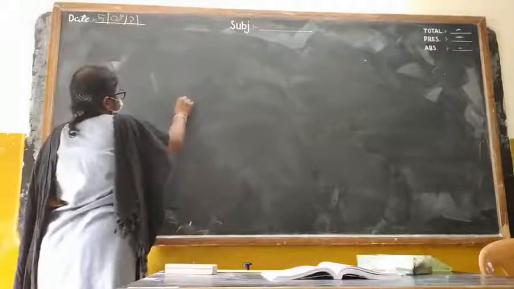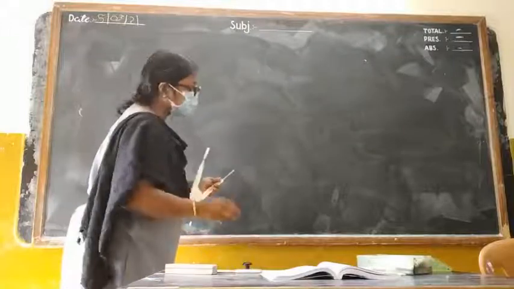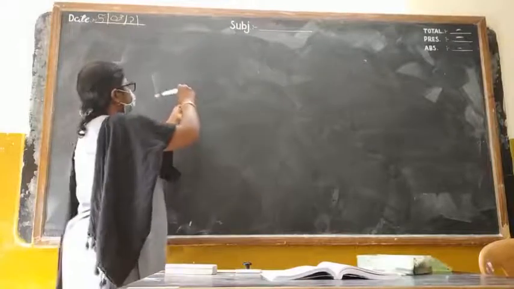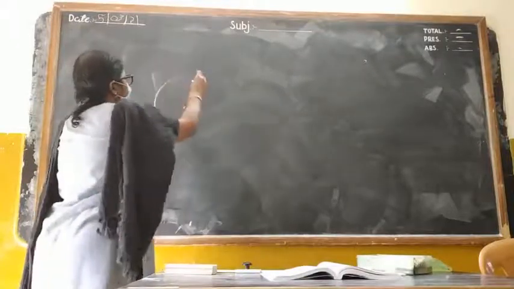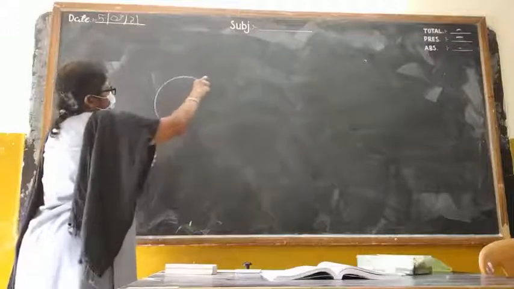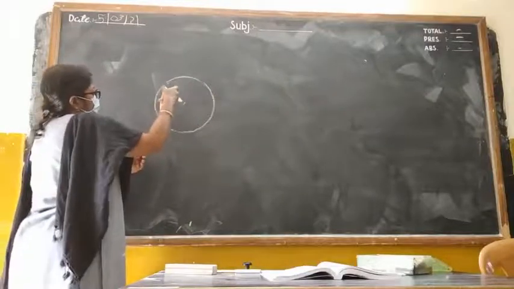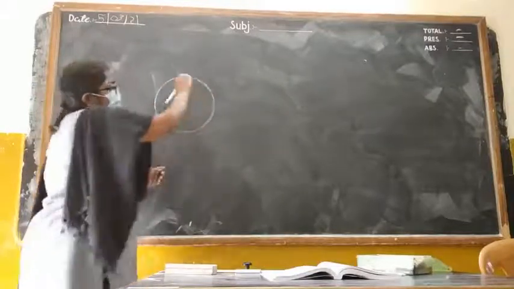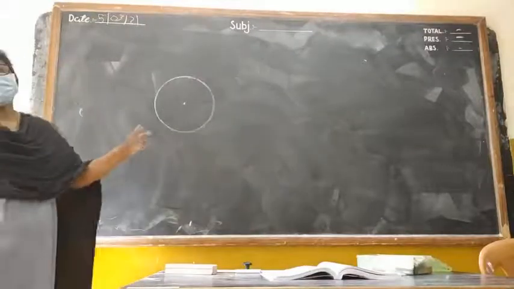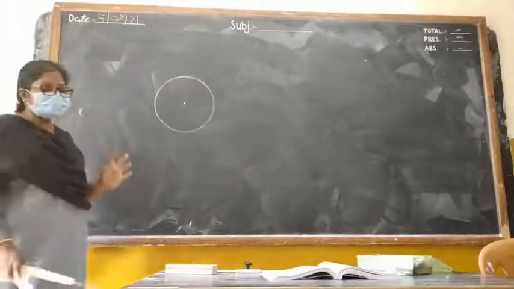So let us mark this one as the center. Draw a circle of radius 6 centimeter. Okay. First one, you have to draw a circle of 6 centimeter.